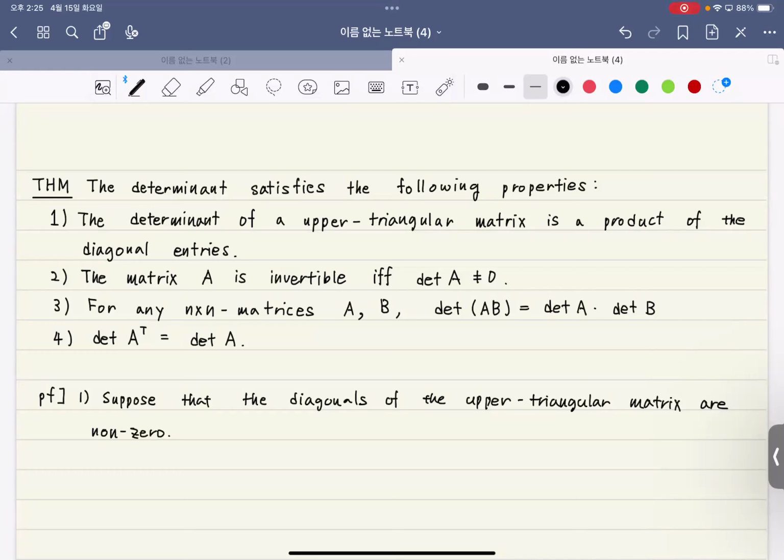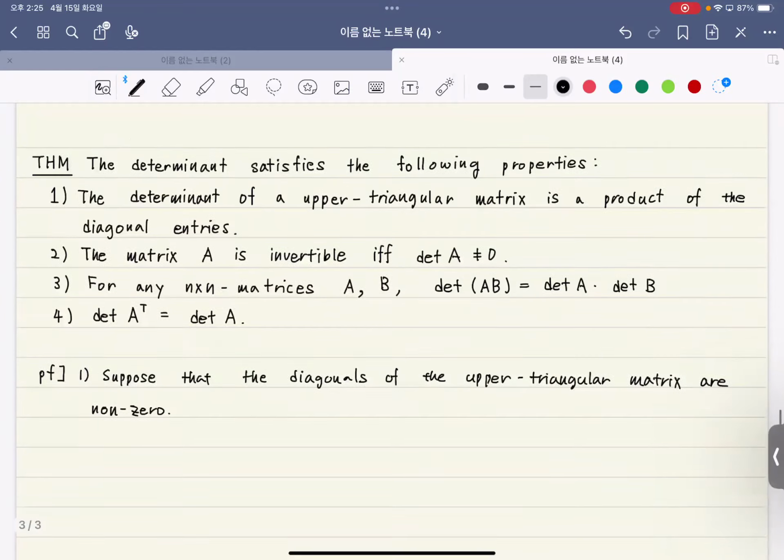If the diagonals of the upper triangular matrix are all non-zero, that means it's a full pivot matrix. In case your matrix is a full pivot upper triangular matrix, then by using the elementary row operations, you can change that matrix into a diagonal matrix.